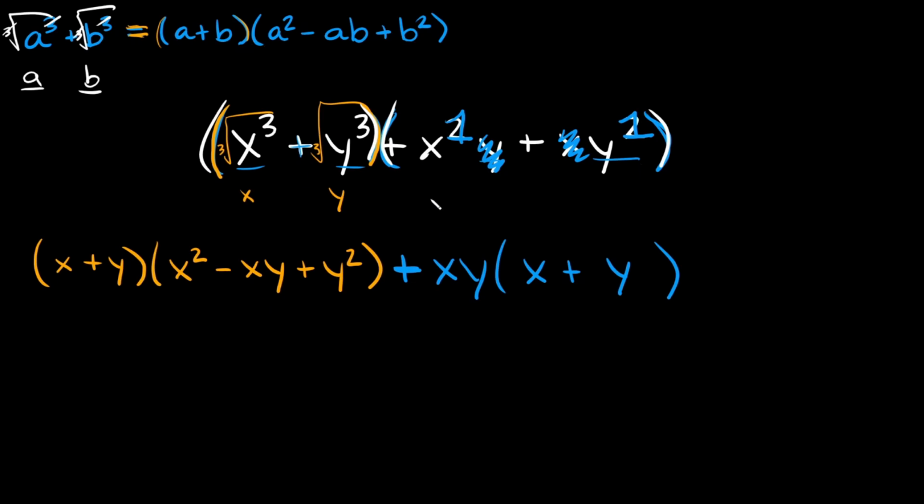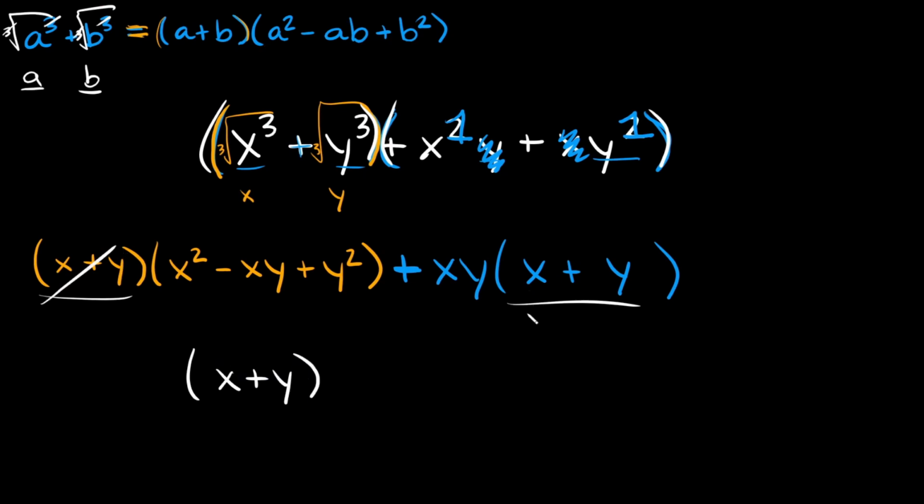Now that we factored each of our parentheses individually, you'll always notice something whenever you're factoring by grouping, and that is you're going to have the exact same thing in 2 of your parentheses. For example, here we have x plus y, and here we also have x plus y. So to finish factoring this gigantic thing by grouping, all you have to do is take your similar parentheses and just write it once. So we're going to write x plus y. I know there's 2 of them, but you only write it once.